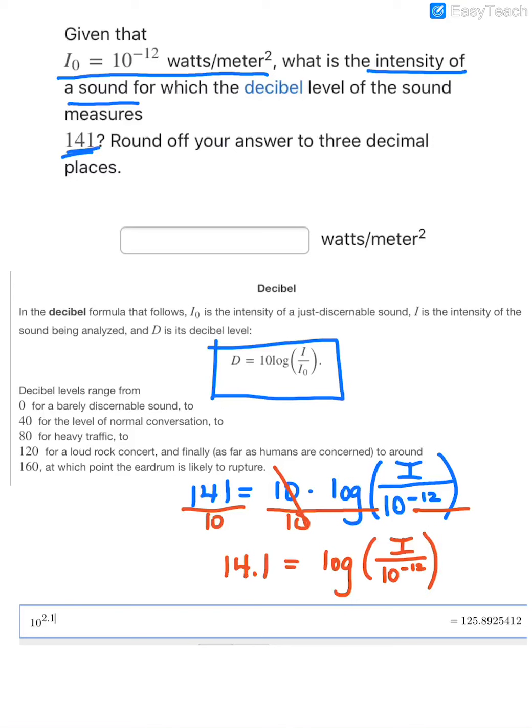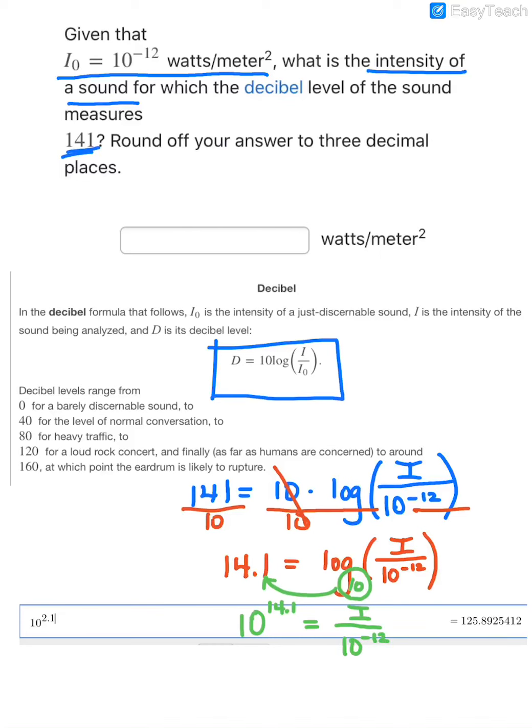And at this point, I would change it into log form. Now, when there's not a base given here, and they've spelled it log, it's understood to be a base of 10. So if I change this into exponential form, 10 is my base. I'm going to raise it to the power of 14.1, and then that has to equal I divided by 10 to the negative 12.